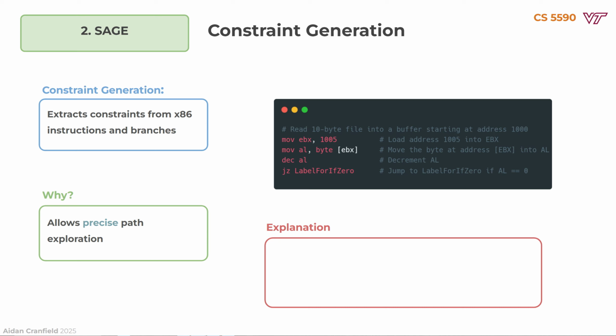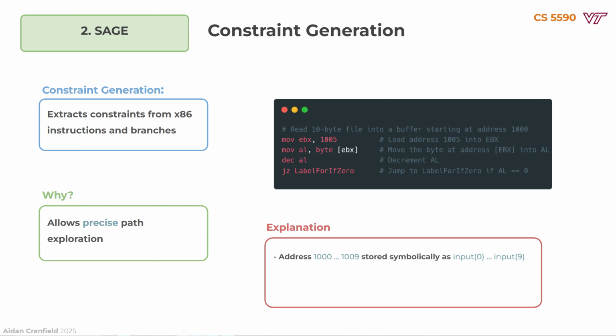So how symbolic execution works in Sage is the following. If we use this example of the code, we see that a 10-byte file is put into a buffer starting at address 1000. So addresses 1000 to 1009, which is 10 bytes, are stored symbolically, as input 0 is like 1000, and then input 9 is like 1009.